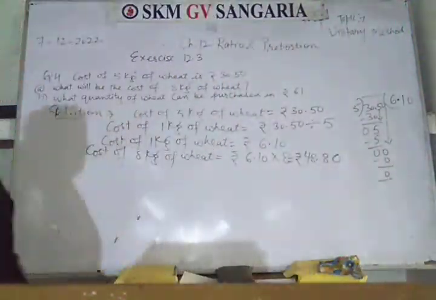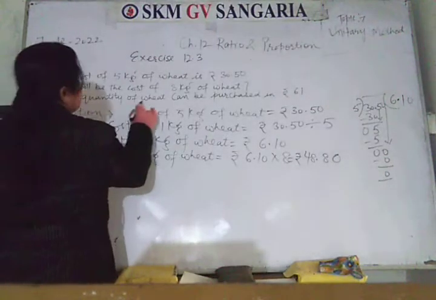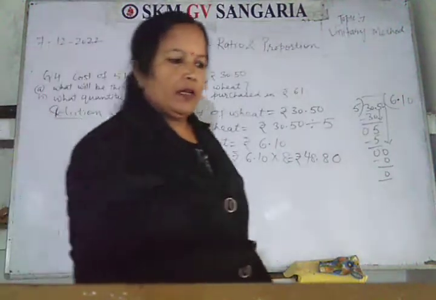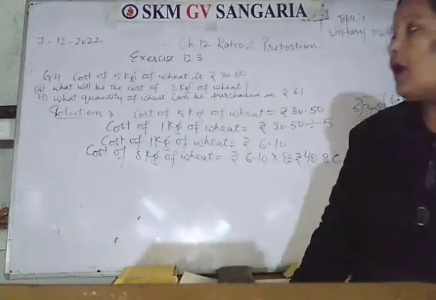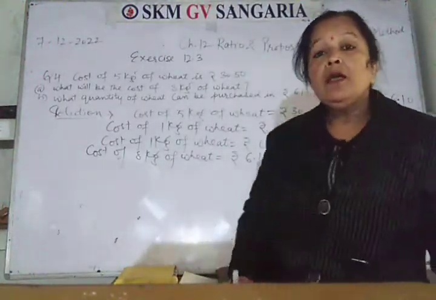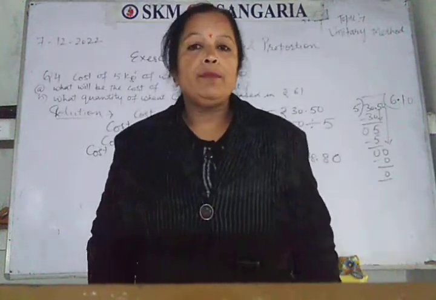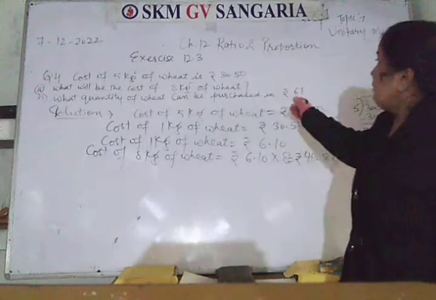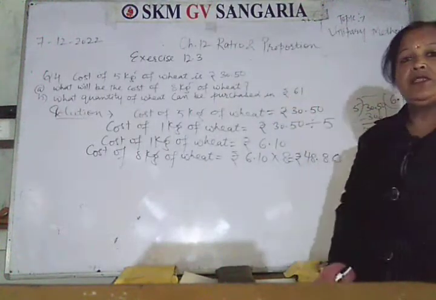Students, now you will ask what quantity of wheat can be purchased with rupees 61. How much quantity? That means how many kilograms of wheat can be purchased if someone has rupees 61.